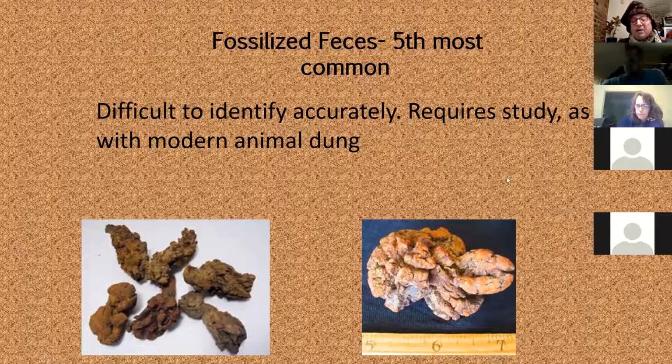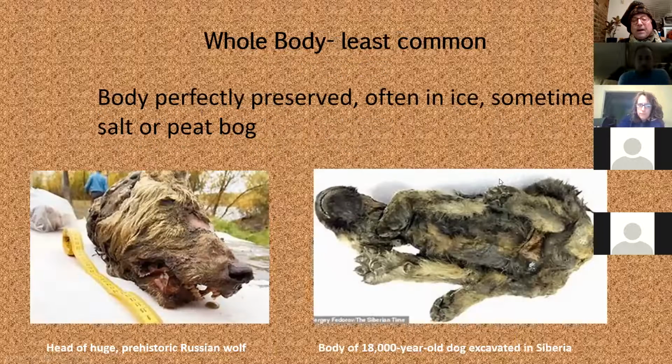And then the most fun one, probably number 6, whole body, which is the least common. This is usually what we see in Arctic areas to the east of us. Russia, Siberia, the upper reaches of Norway.